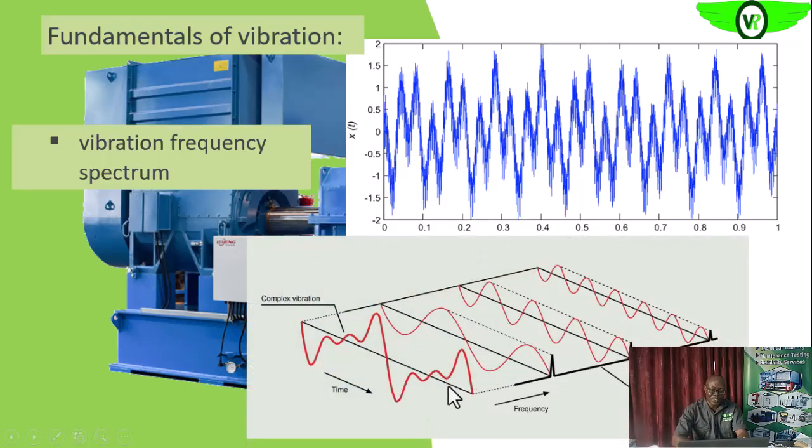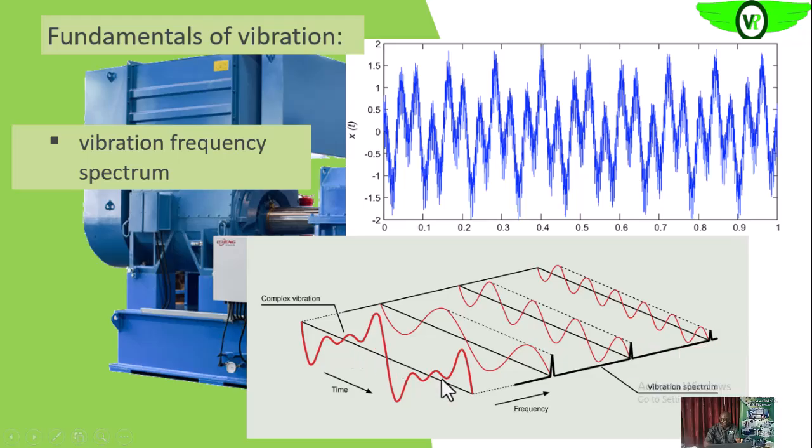This is the overall vibration, a complex vibration that you are seeing, which is almost meaningless. All the vibrations that are superimposed in the waveform to give you this, it will now separate into the individual vibrations.